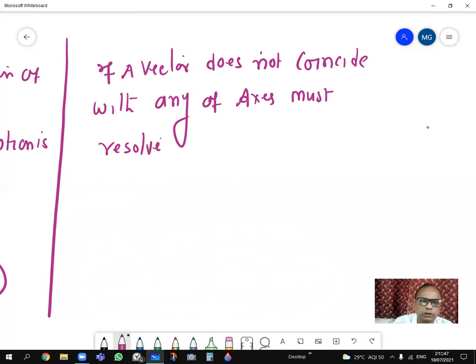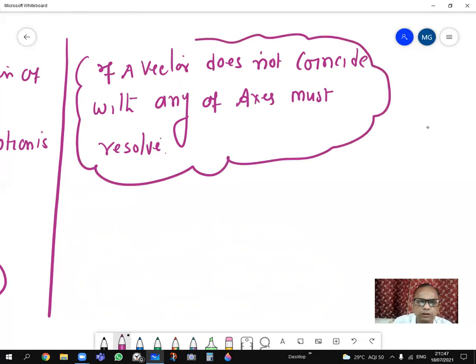Clear? So these two concepts will give you help to understand the problem.